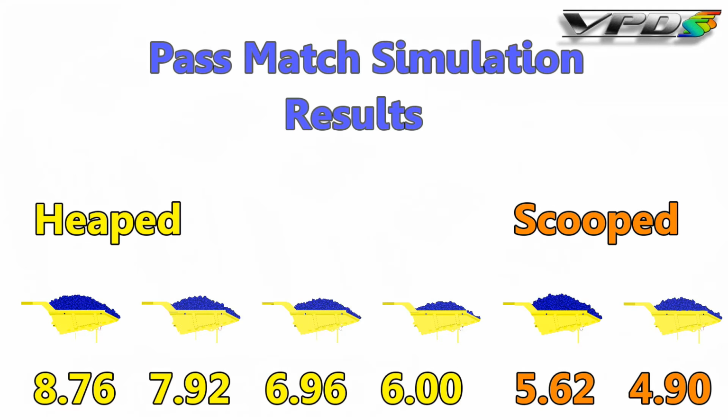Here we have the pass-match ratio results for the 6 configurations that were simulated. It ranges from 6 to 8.76 for the heaped pile and 4.9 to 5.62 for the scooped pile.